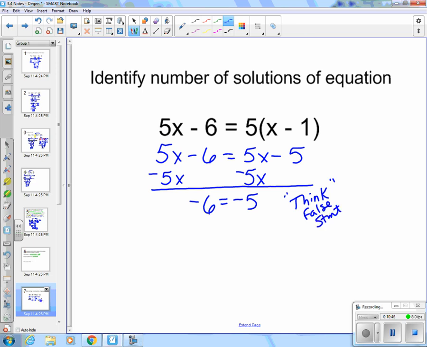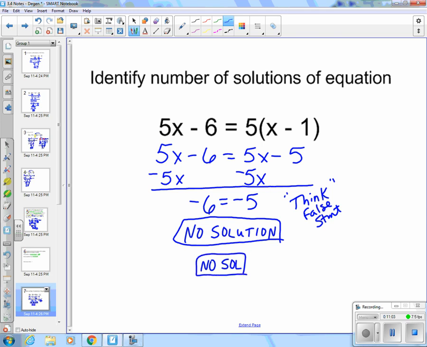And since this is a false statement, that means there is no solution to this problem. You can write the words no solution, that will be your answer. If you want to write "no sol," I will accept "no sol" as an answer. When the variables drop out and you have a false statement, there is no solution.